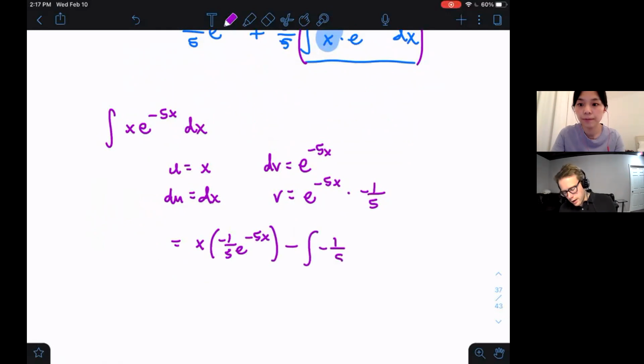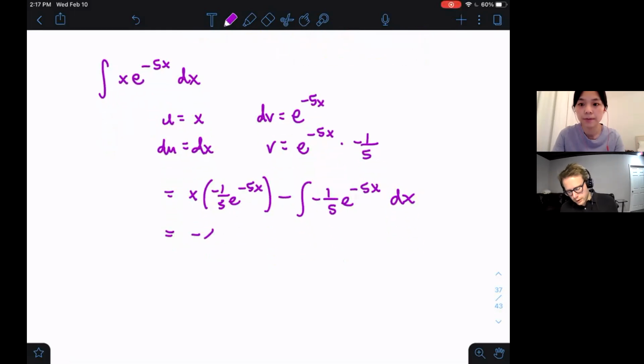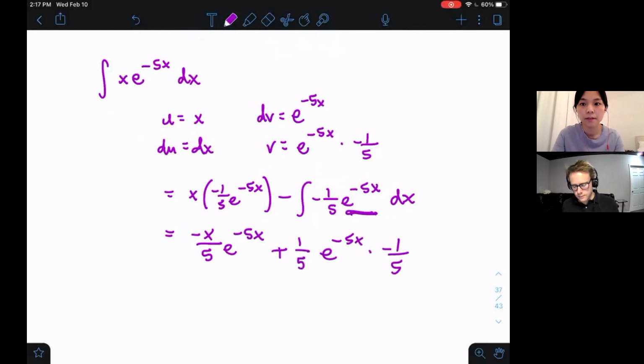So v and du is just dx. We can do a little bit of simplifying. Minus a negative is going to be plus. We can bring out this 1/5, and the integral of e to the negative 5x is just itself. Well, almost. We need to also include in this negative 1/5, again, from a small u substitution.